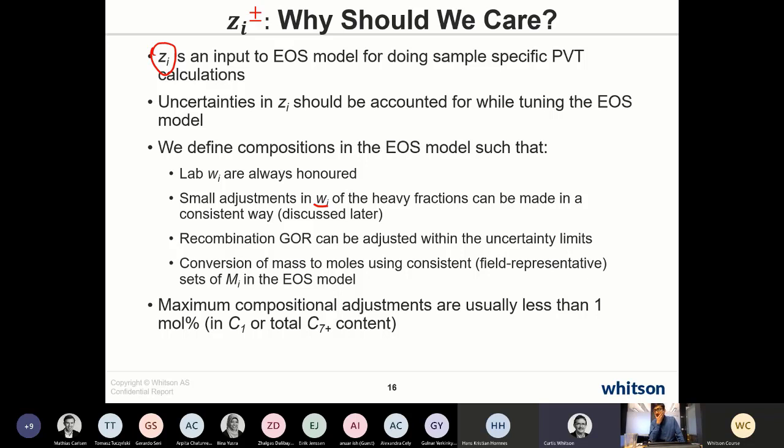Both ourselves, who had this in PVTX software, and independently, CalCEP in that paper in the same book, also introduced the same method for converting mass to mole percent and the uncertainty in this C7 plus molecular weight. So it dates back a long time, both accepting there's experimental uncertainty and that it can have a consequence on the molar composition. So in today's PVT sim, for example, you have this option.